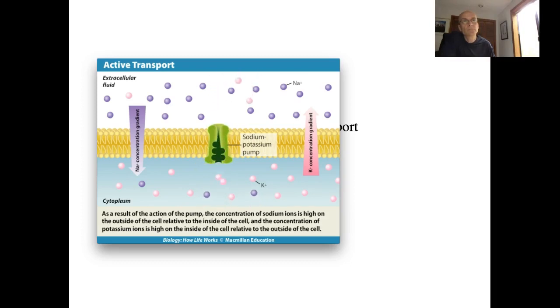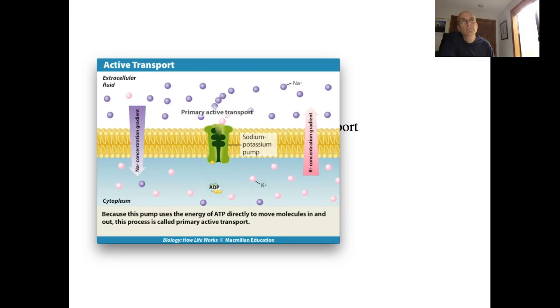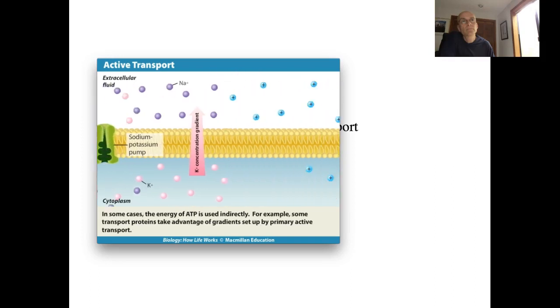As a result of the action of the pump, the concentration of sodium ions is high on the outside of the cell relative to the inside of the cell, and the concentration of potassium ions is high on the inside of the cell relative to the outside of the cell. Because this pump uses the energy of ATP directly to move molecules in and out, this process is called primary active transport.